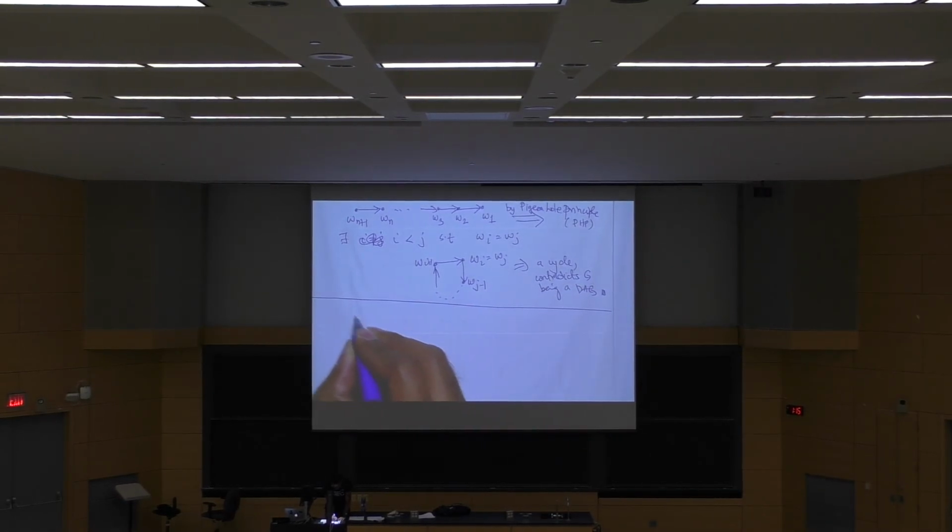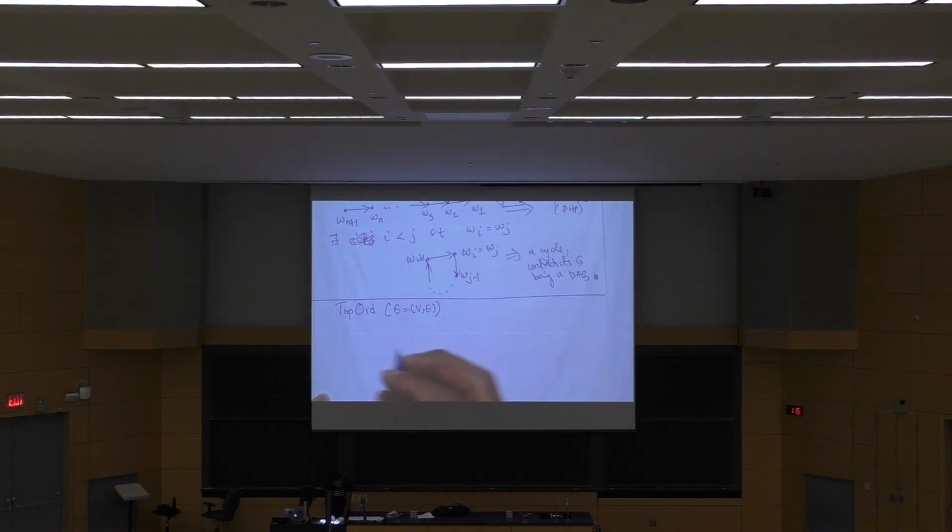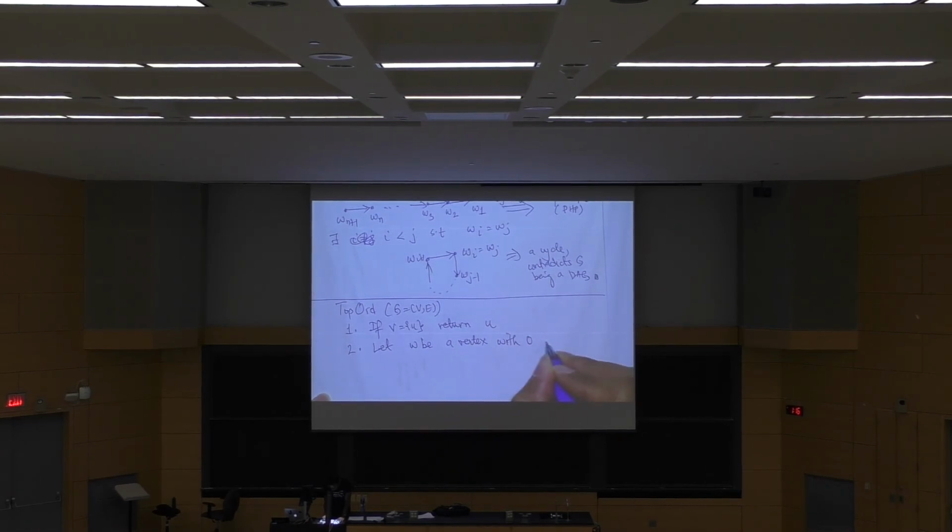So we're going to go back to our algorithm for topological sorting or complete topological ordering. Again, I'm just going to write down what was already there. If V, the vertex set, is a singleton, then return the ordering U. Let W be a vertex with 0 incoming edges.